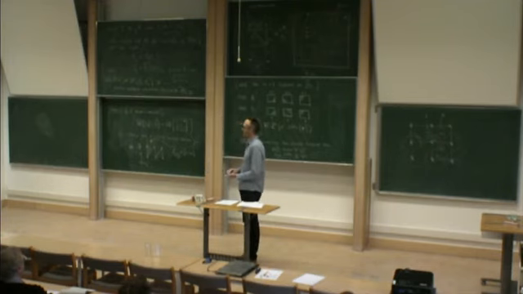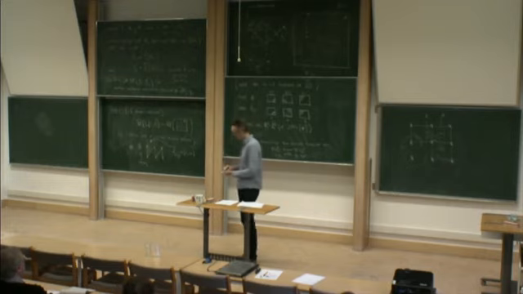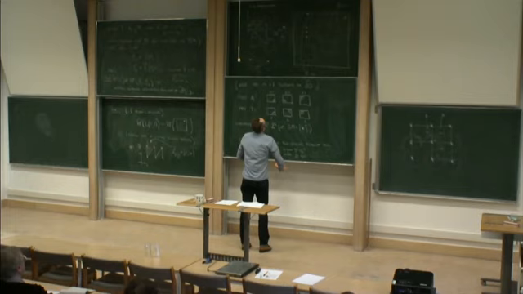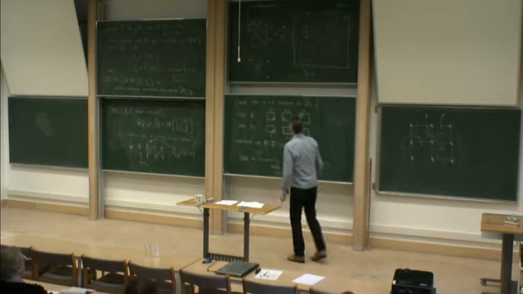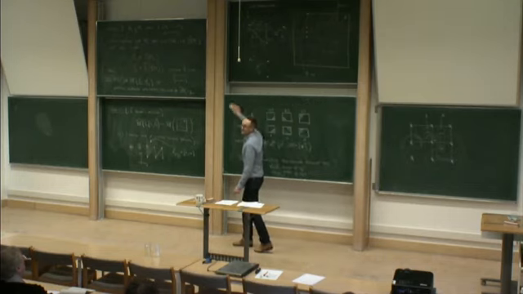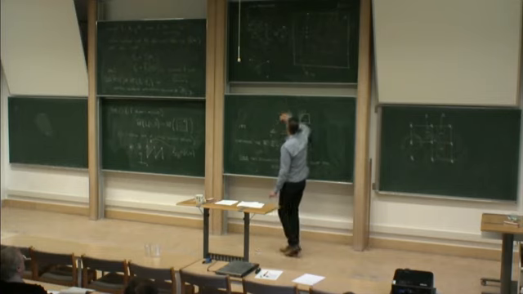Okay, so I have 25 minutes, and I want to try and convince you that this is a reasonable way of thinking about things, even if it seems very specialized to restrict to this loop type setting.